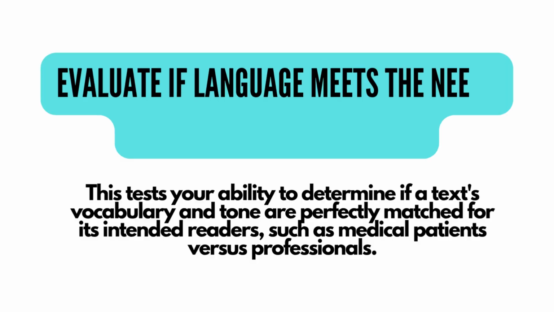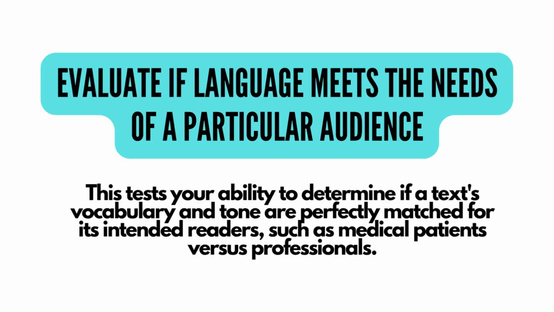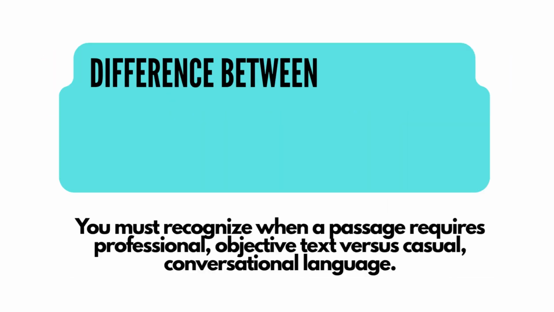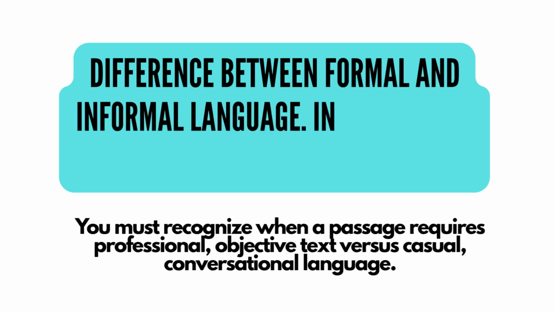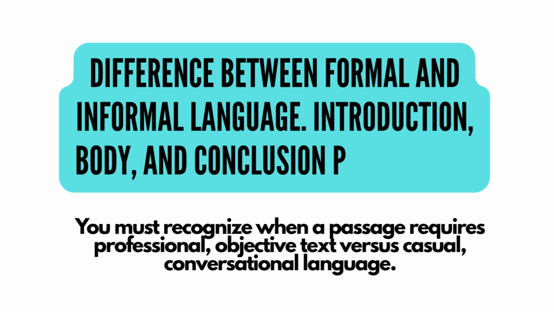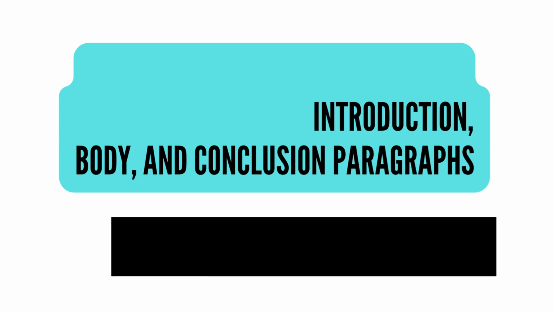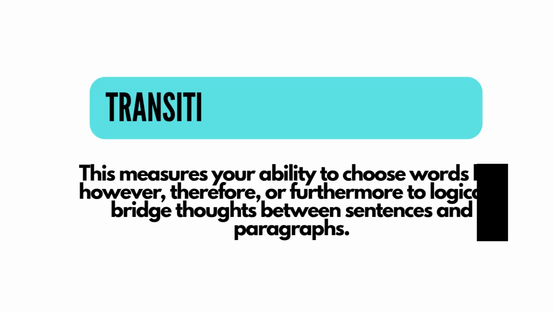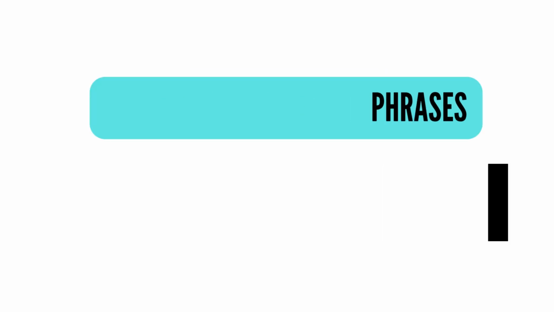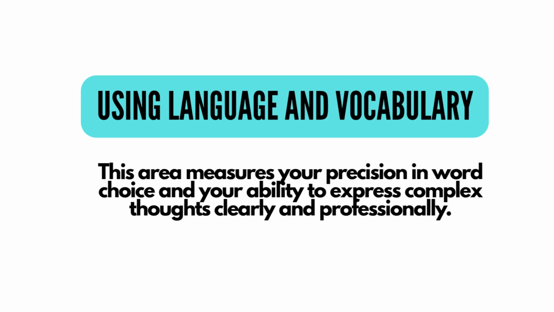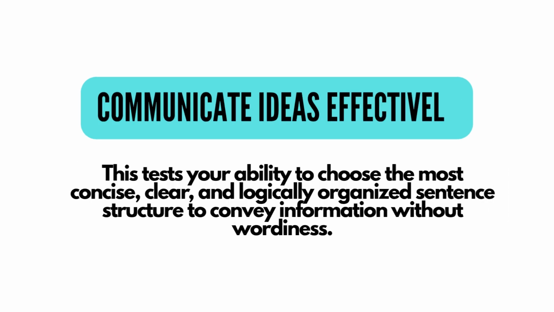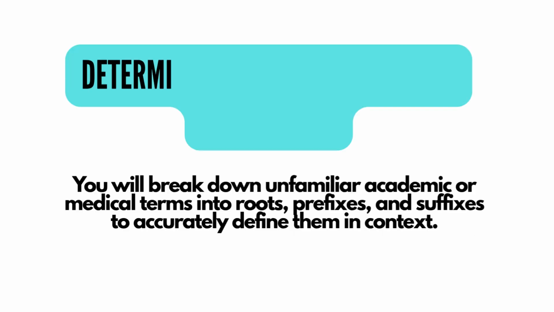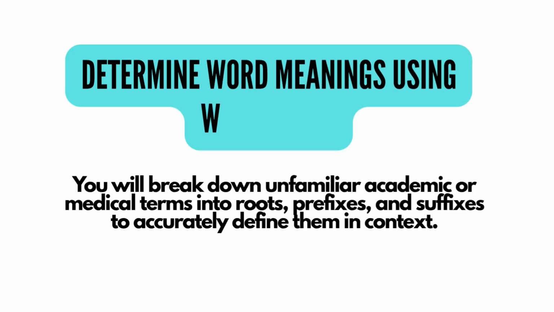Evaluate if language meets the needs of a particular audience. Difference between formal and informal language. Introduction, body, and conclusion paragraphs. Topic sentences. Transition words and phrases. Using language and vocabulary. Communicate ideas effectively. Determine word meanings using word parts.